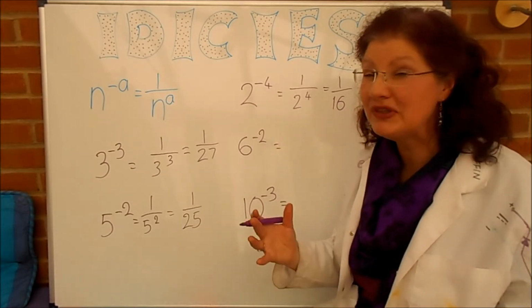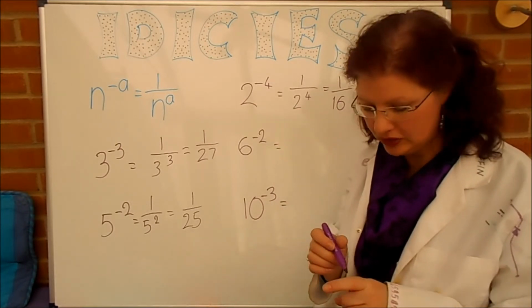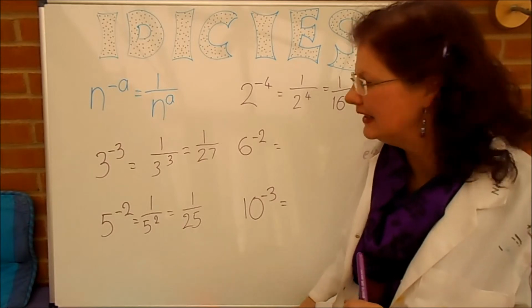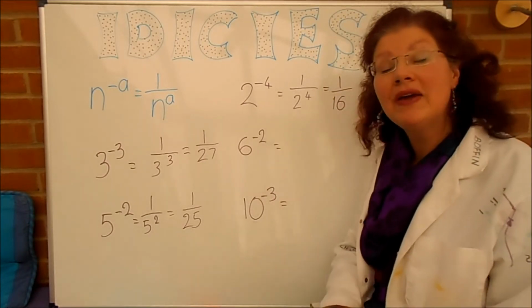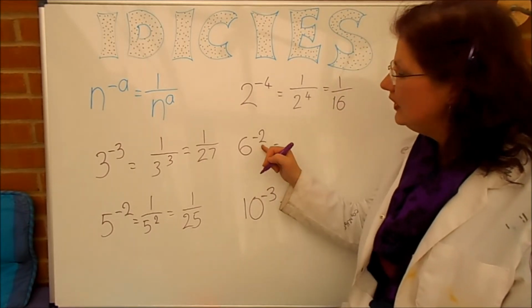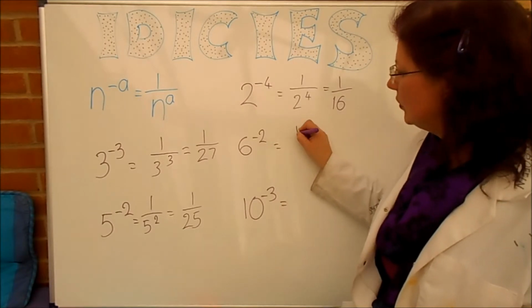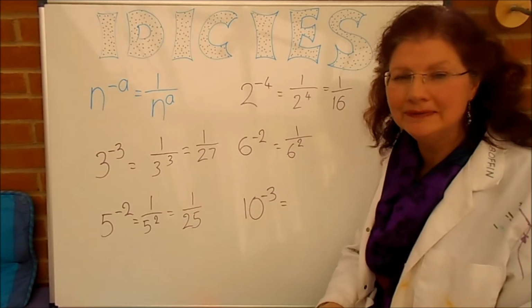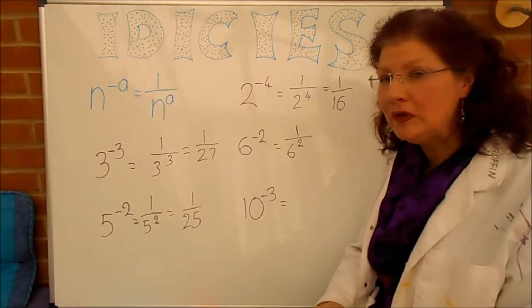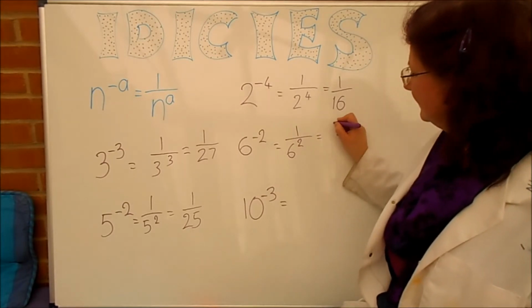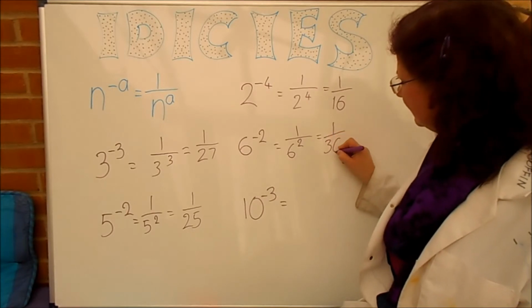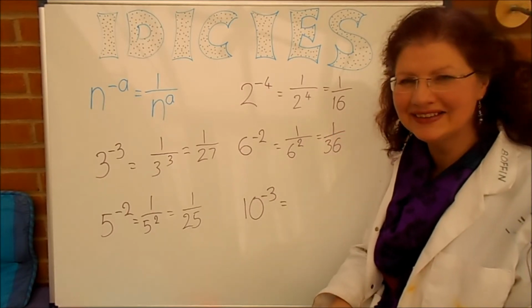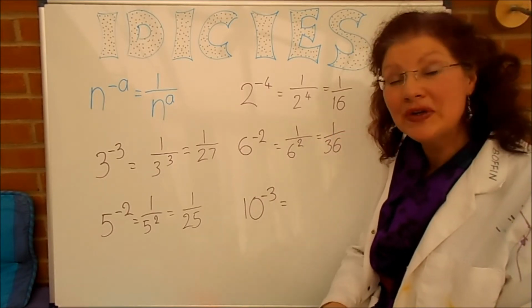Powers of 2, by the way, are pretty common on here, so it's useful if you can know the powers of 2 up to about 2 to the power 10, it's handy. Right, 6 to the power negative 2. Anything to a negative power is equal to 1 over that thing to the normal power. And again, hopefully you know 6 squared. 1 over 36.